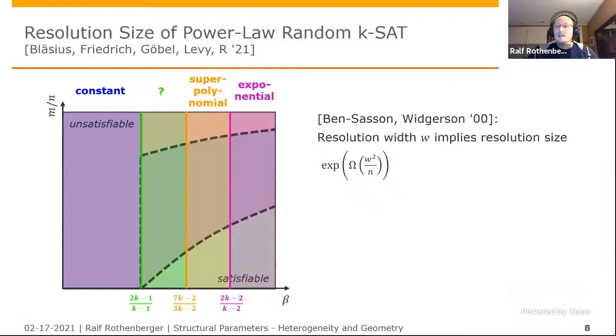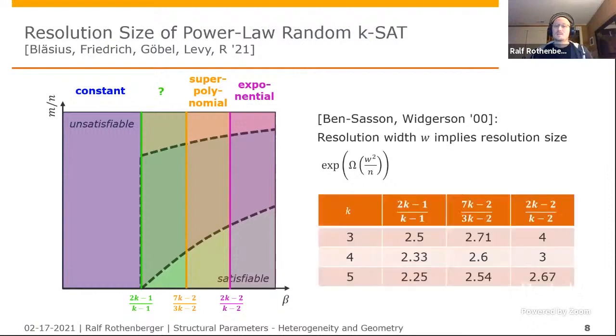And to have also some values that you can maybe interpret more, I give you a little table of where these bounds are for different values of k. What's important here is that between the first column and the second column, there's the gap where we don't know what happens.